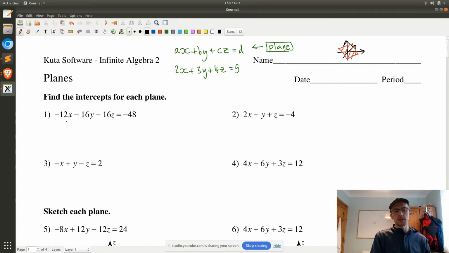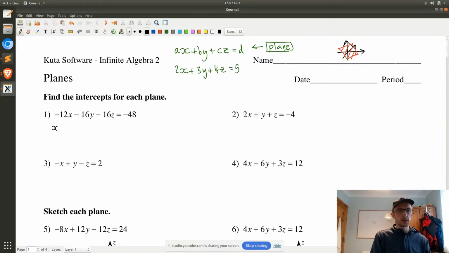And what this is asking you to do is find out where it crosses the x-axis, the y-axis, and the z-axis. So to do that, let's think. If we put in 0 for y and z, then that's where it will cross the x-axis, because any point that lies on the x-axis has a y-coordinate of 0 and a z-coordinate of 0.